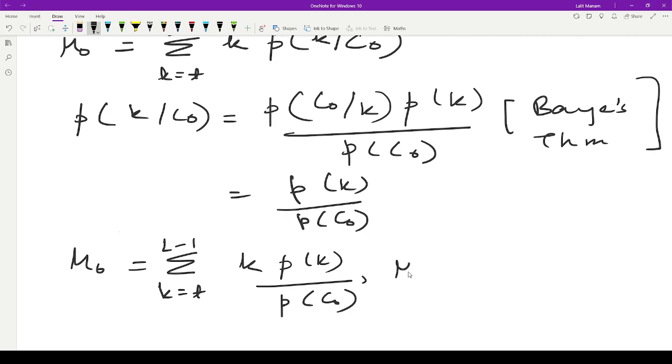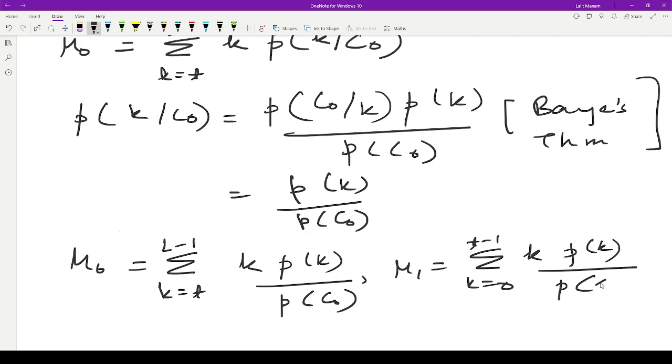Similarly we'll define mu1 as summation over k equals 0 to t minus 1 of k pk upon probability of c1. It will come in a similar fashion.